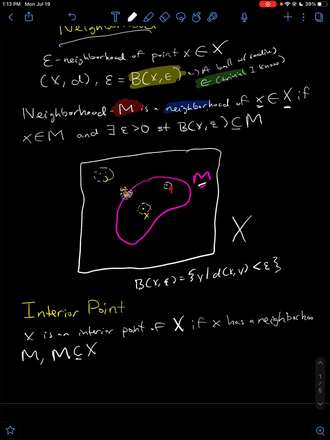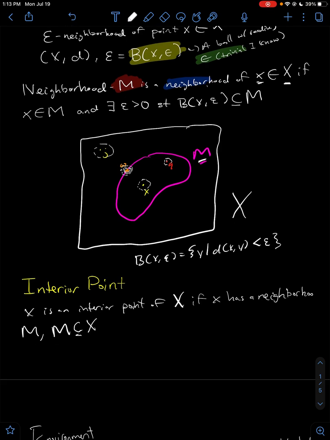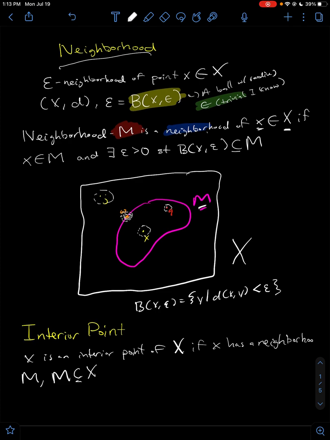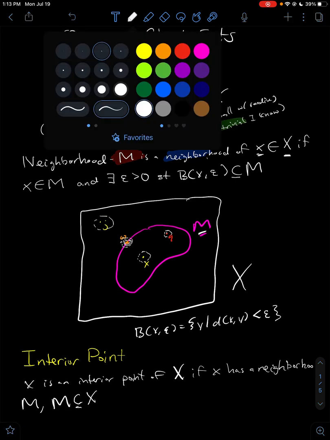Okay, so that's all it means. Now let's define the interior point. x is an interior point of big X if small x has a neighborhood M where M is contained in big X. This is alluding to the definition that I gave earlier for a neighborhood.